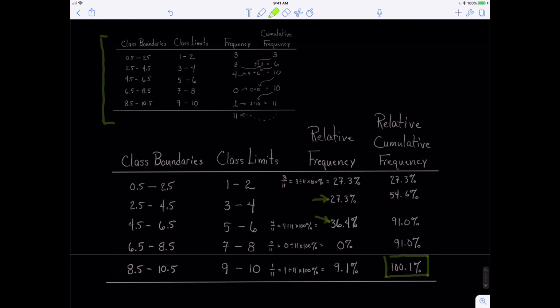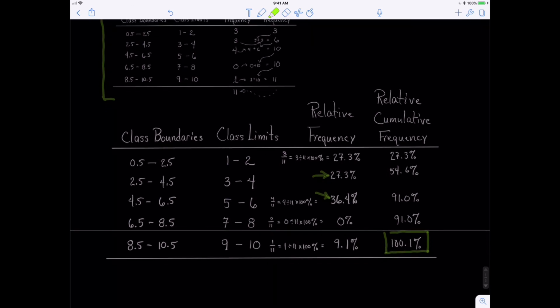However, because of rounding error, sometimes you'll end at 100.1 and sometimes at 99.9. If you're that close, it's simply rounding error and not a concern. If you end quite far off of 100, like 101 or 98, then there was some kind of rounding or calculator error, and you'll want to go back and check your work.